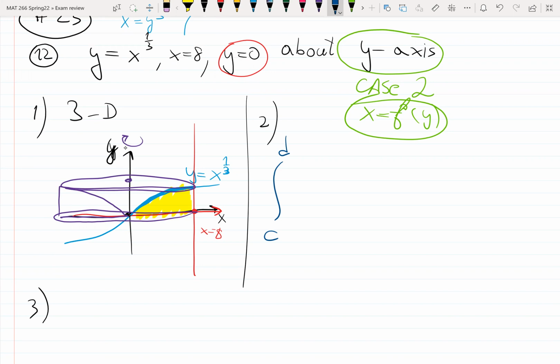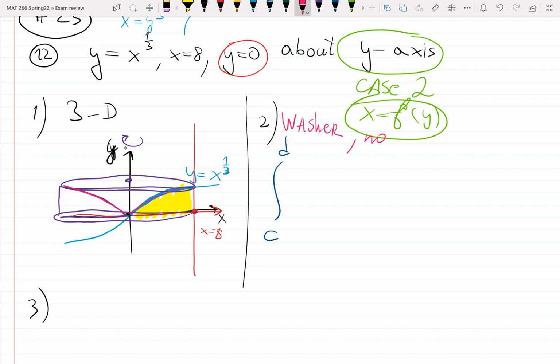Before you do that, choose if it's a washer or a disk. I can see there's an empty piece over here. So you can imagine if you're pouring water into this object, will it stay or will it fall off? It will accumulate there inside. So that is the washer case because it's not solid.